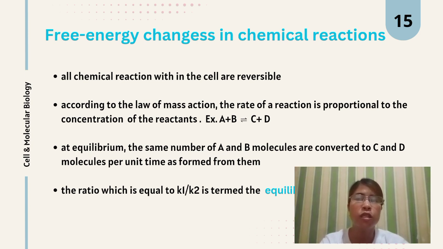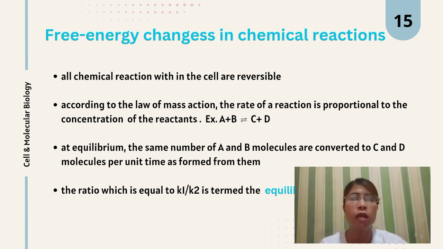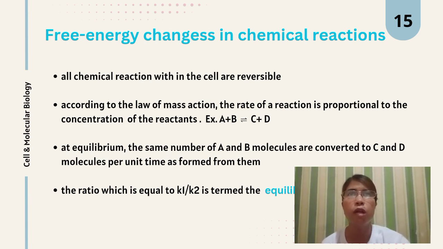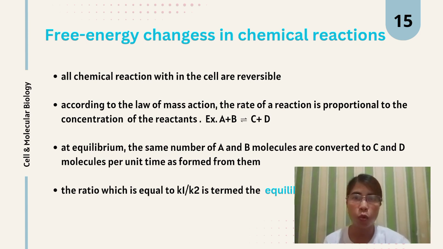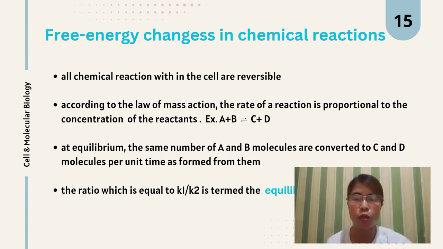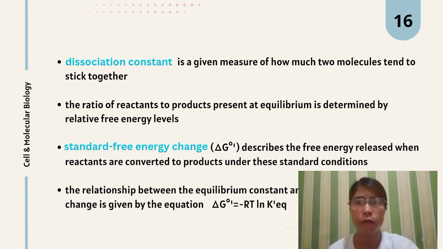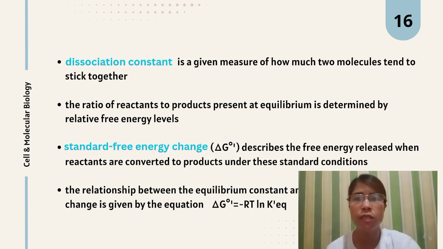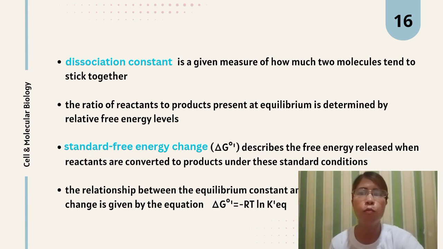The ratio, which is equal to K1 over K2, is termed the equilibrium constant. If you look at our module, it has the formula K equals K1 over K2 equals CD over AB. That formula is in the module; I did not include it here. Dissociation constant is a measure of how much two molecules tend to stick together.